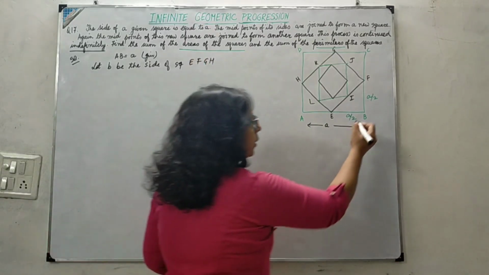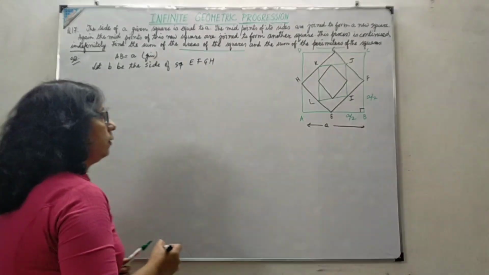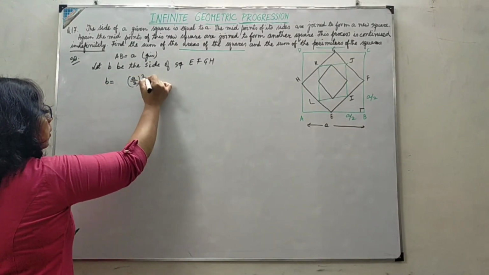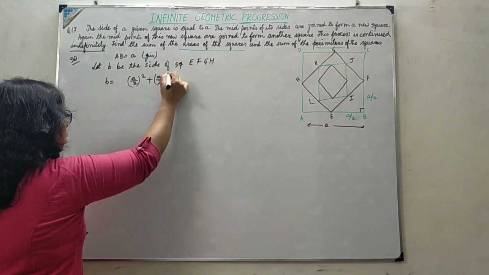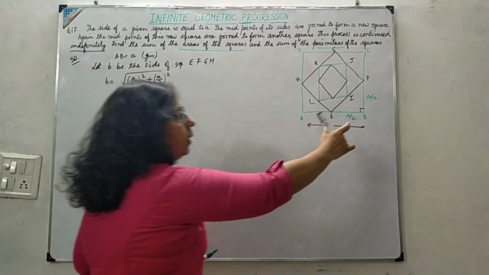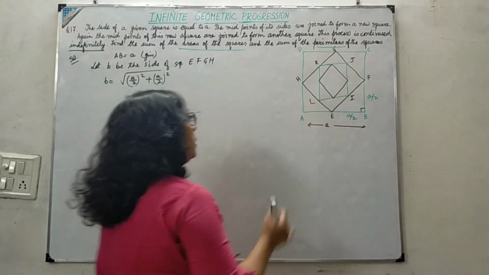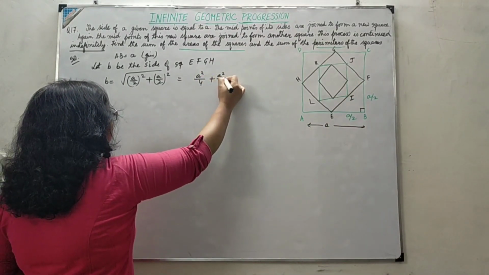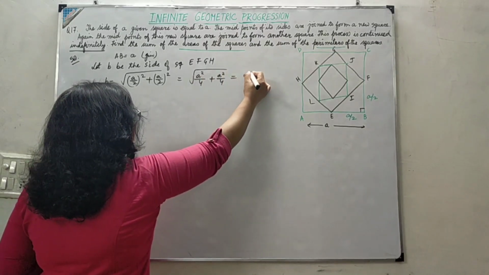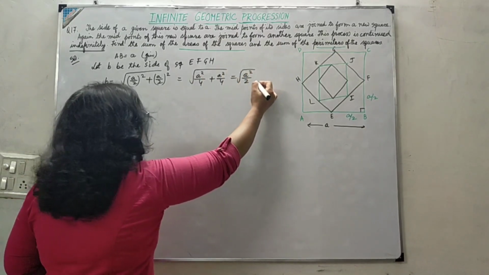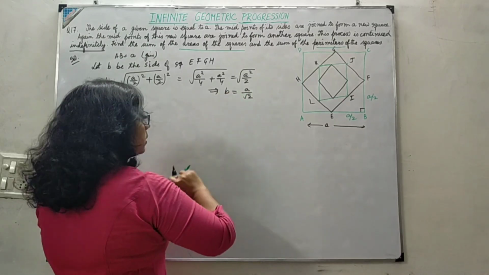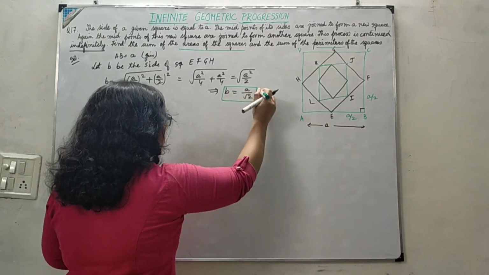Then with the help of Pythagoras theorem, we have B as the root of A by 2 whole square plus A by 2 whole square, that is EF. Now this is the root of A square by 4 plus A square by 4, which is the root of A square by 2, and so B we are getting as A by root 2. This is the side of the second square.